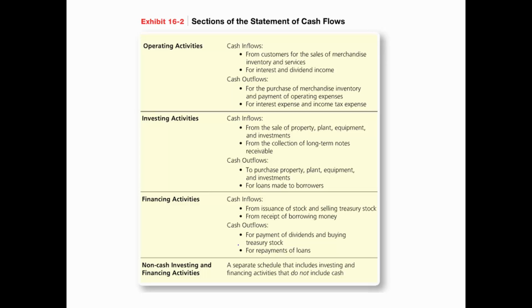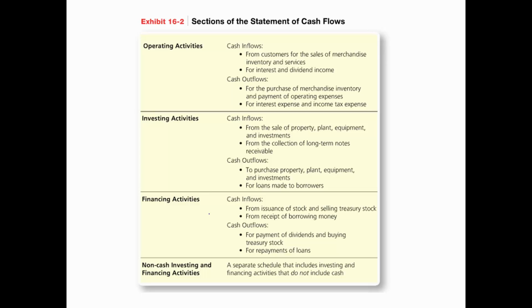This is a picture from your book. Just kind of giving you some ideas of the cash inflows and outflows. In general, if you're purchasing stuff, that's money going out, and if you're selling stuff, that's money coming in. That's pretty straightforward for investing and financing.